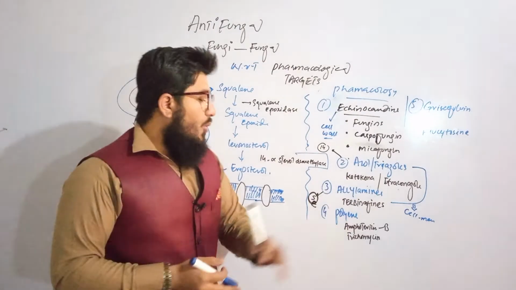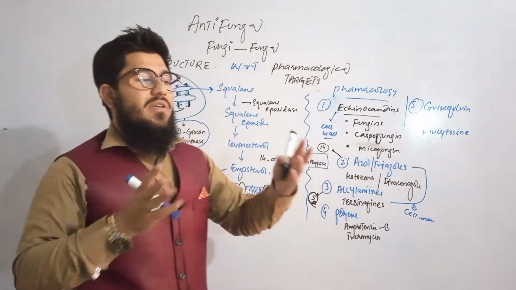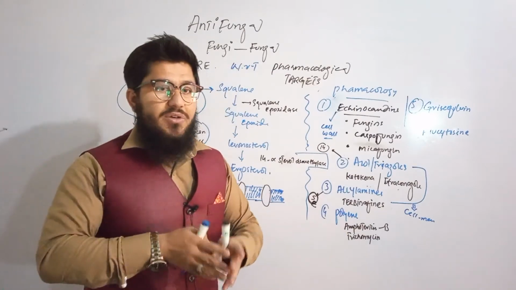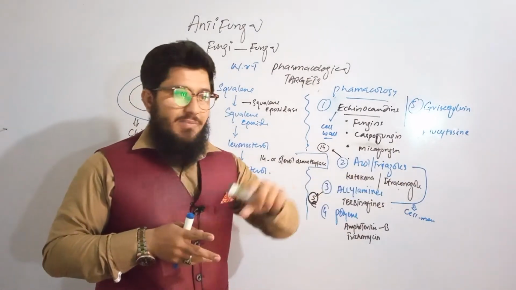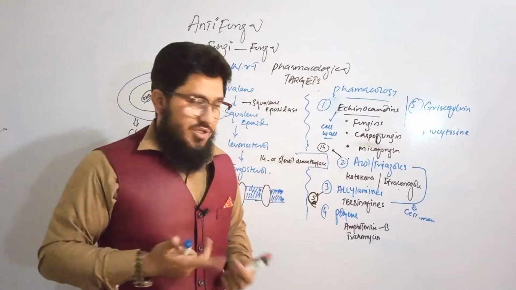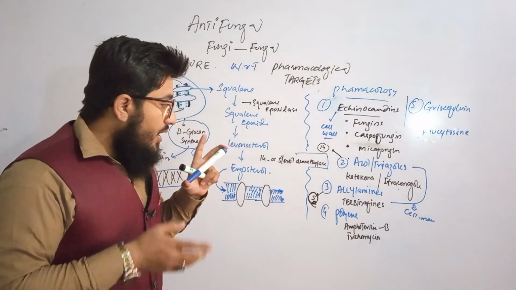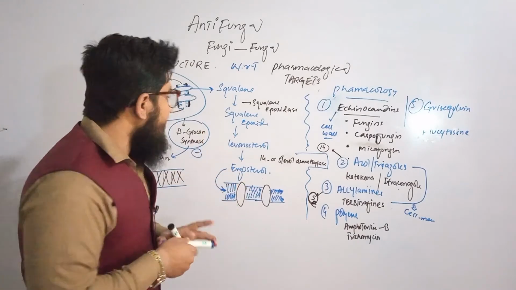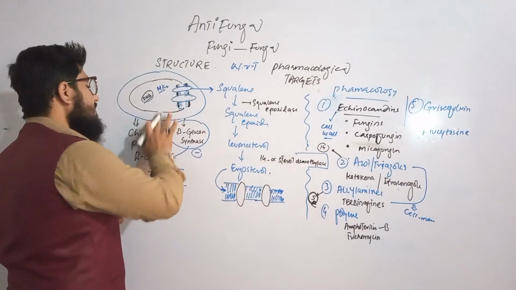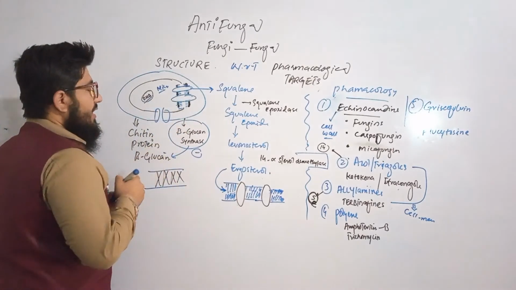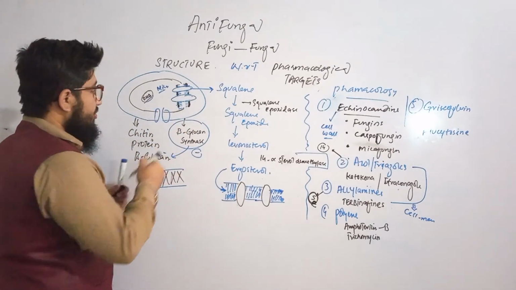The next one is polyene. Poly means several ene, double bonds. So amphotericin B and nystatin have a long double bond structure in their chemical structure. Now amphotericin B and nystatin produce channels where there is ergosterol available. Where there is ergosterol, there it will introduce channels.